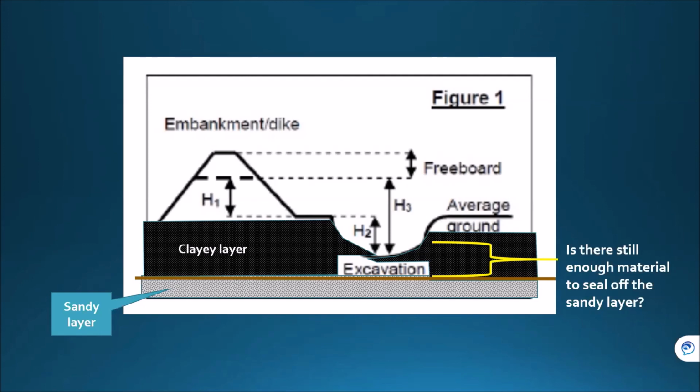Are we still going to have enough material there to seal that sand layer off so that we're able to hold that water in place as long as possible? That's just some of the things that we look at.